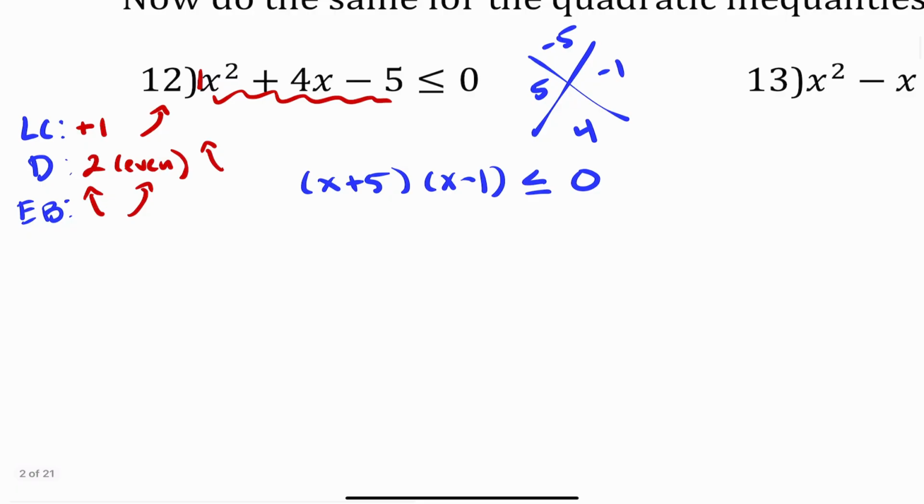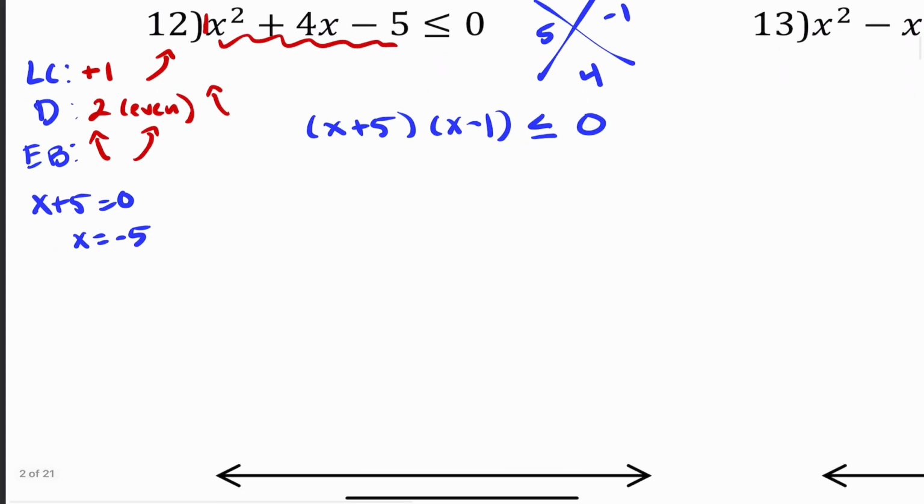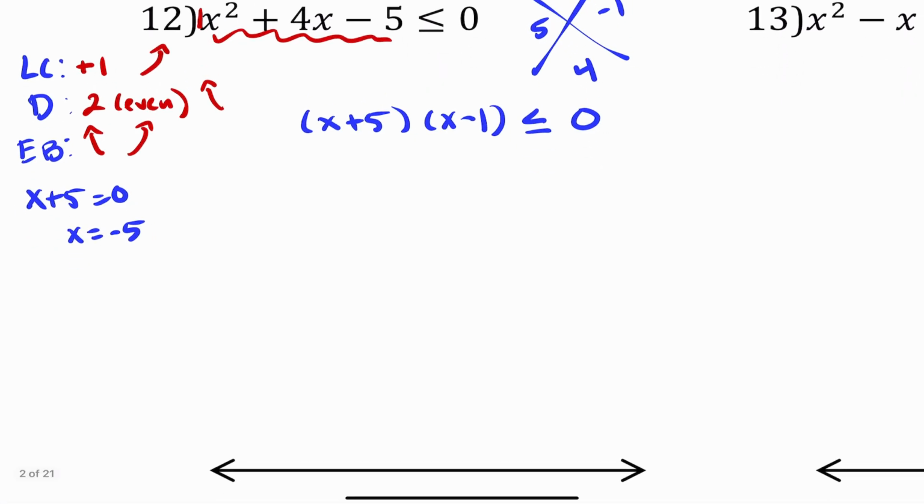Now, you need to set both of these quantities equal to 0. So x plus 5 is equal to 0. You're going to get negative 5 for your first zero, or critical point. And then x minus 1 equals 0, so you get x equals 1. These two things are your critical points.